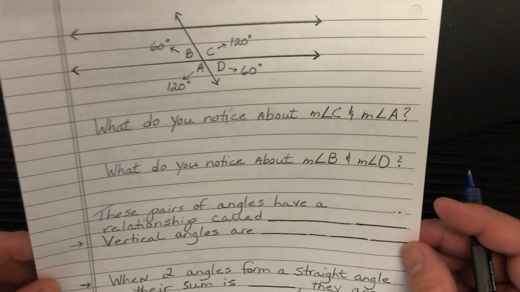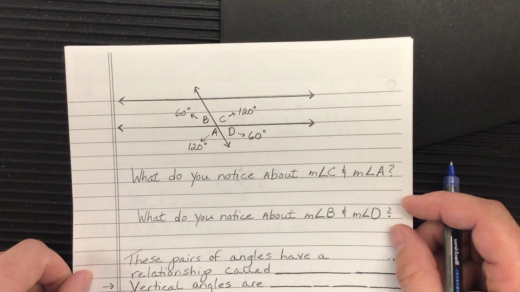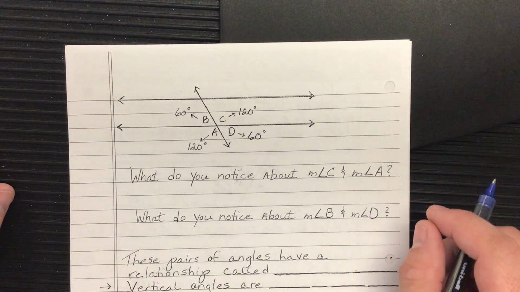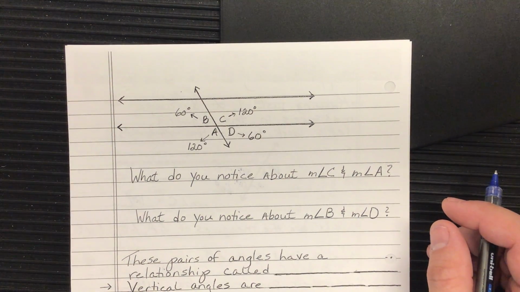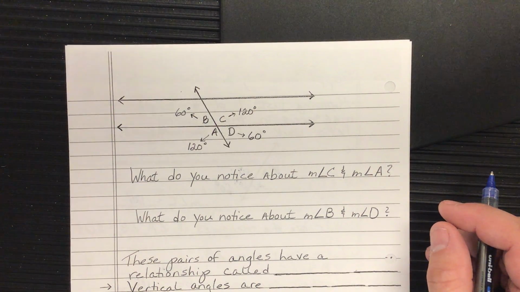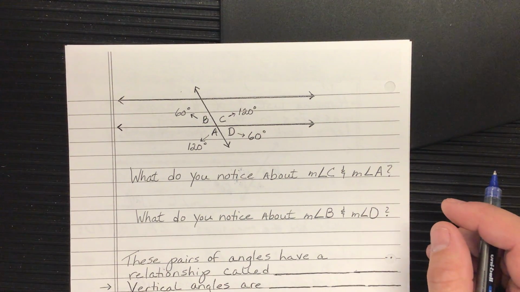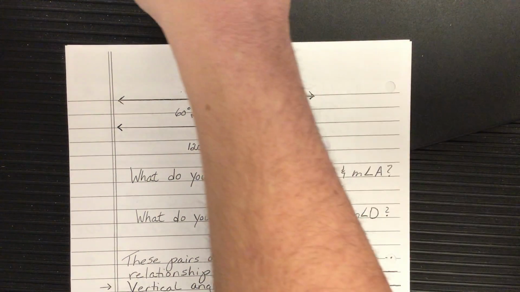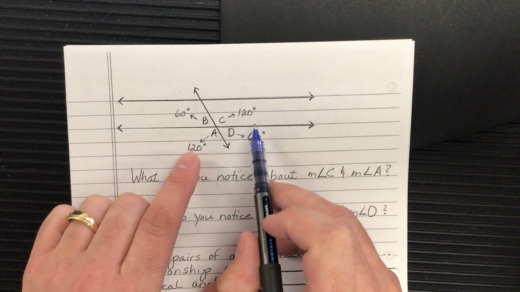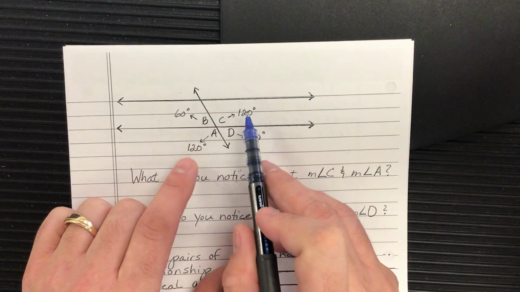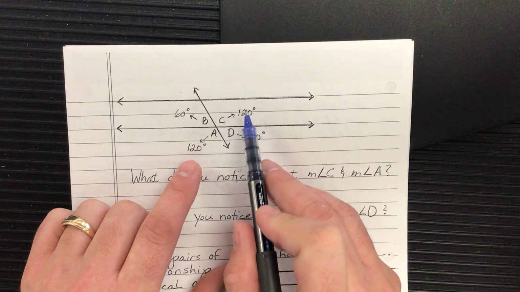Back page. Kira, this one's for you. What do you notice about measure of angle C and measure of angle A? Landon, what do you know about C and A?